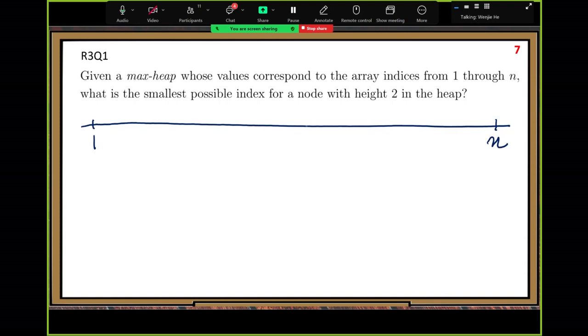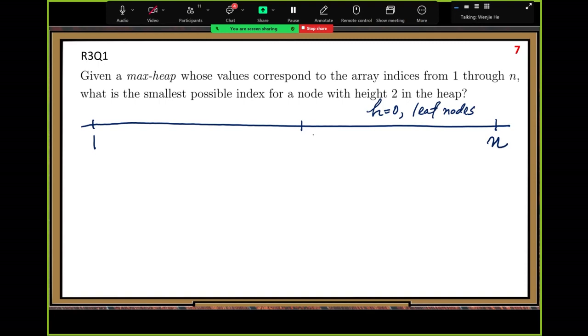First, let's consider height equals 0. We know they are leaf nodes. All the leaf nodes with height 0. And what's the range for it?